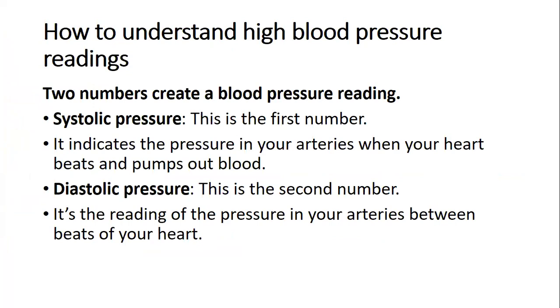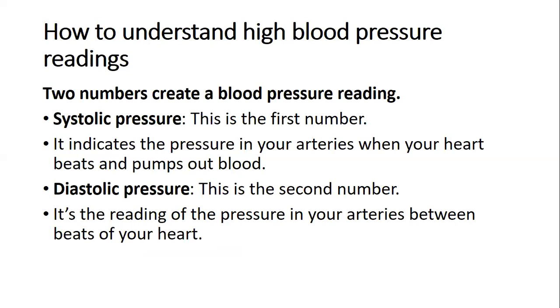BP readings are given as two numbers. The upper number is known as the systolic, while the lower number is known as the diastolic blood pressure. The systolic number indicates the pressure in your arteries when your heart beats and pumps out blood.